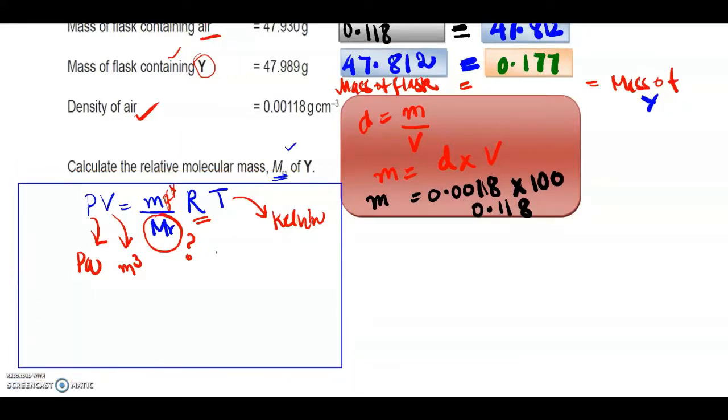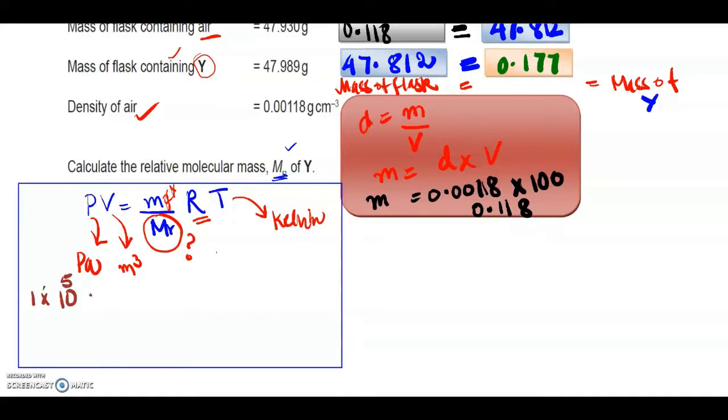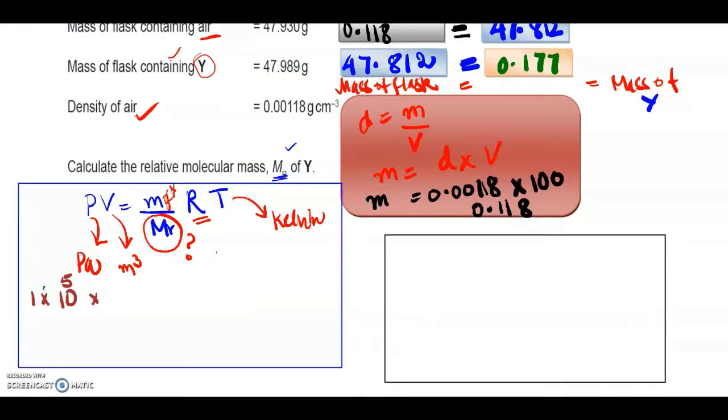Putting the value of pressure, it is 1 × 10^5 Pascal. Volume is given in centimeter cube, so you need to convert one more thing. You need to convert it into meter cube.